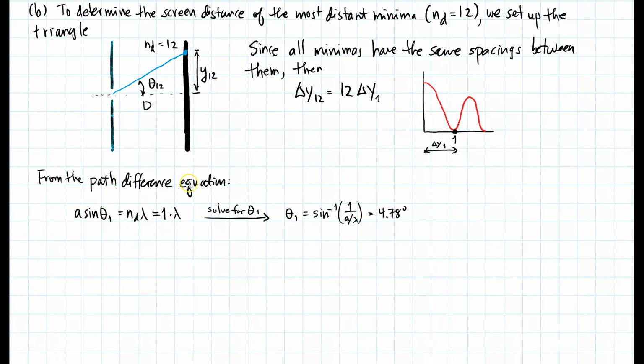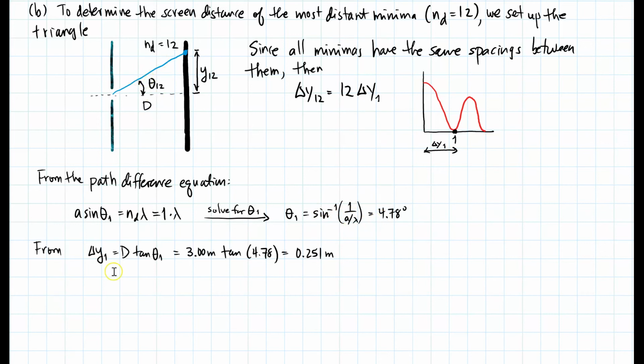The path difference equation, I have a sine theta 1 is equal to 1 times lambda. Now, if I solve for theta 1, I get theta 1 is going to be the sine inverse of 1 over the diffraction parameter, which gives me 4.78 degrees.